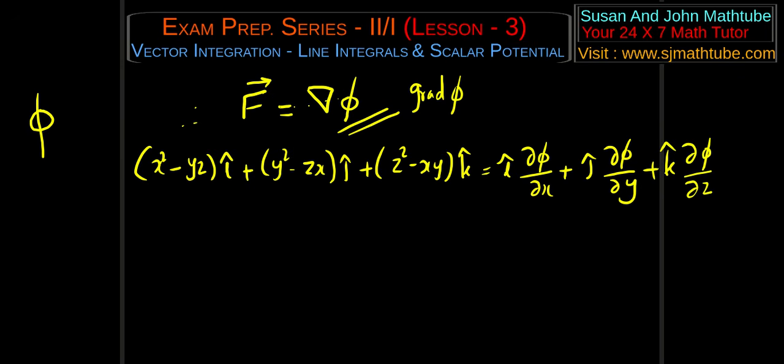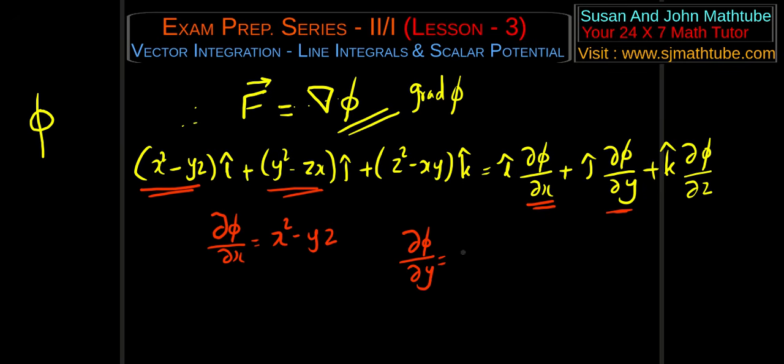Now tell me, when will two vectors become equal? Yeah, when the coefficients of i are equal, j are equal, and that simply means we get the partial with respect to x to be x square minus yz, and partial with respect to y is equal to y square minus zx, and partial with respect to z to be z square minus xy.